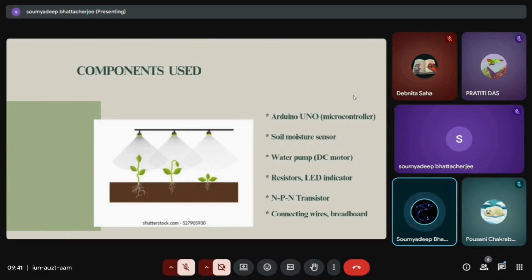Next is the system's sensory input, the soil moisture sensor. This is where we bridge the digital world with the natural world. The sensor works by using two probes to measure the electrical resistance of the soil. When the soil is dry, resistance is high, and the sensor sends a high analog value to the Arduino.